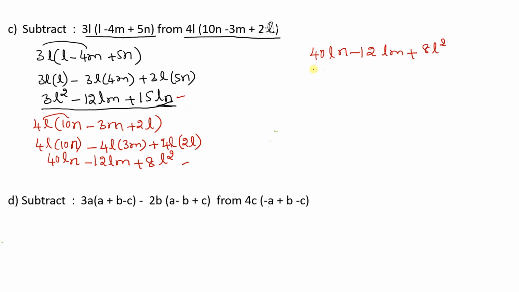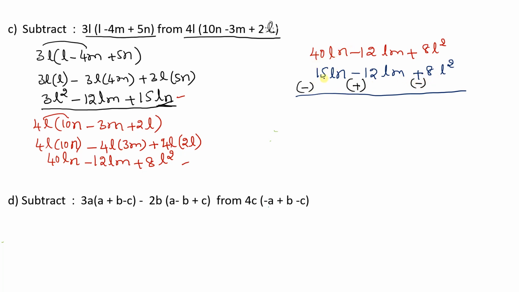Now 15ln minus 12lm plus 8l square. Okay. Now you are going to subtract. While subtracting, you need to change the sign of each term of the subtrahend. Minus becomes plus and plus becomes minus.